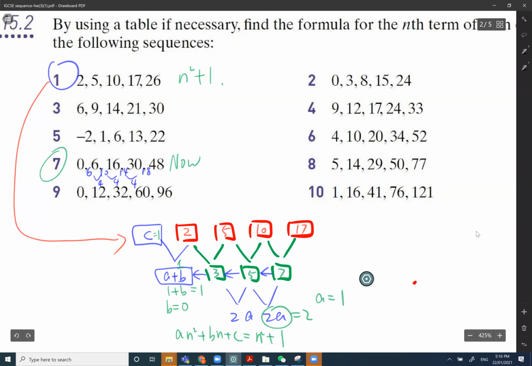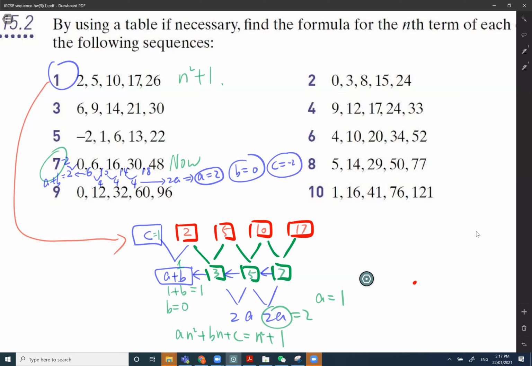So a is just 2. This is 2a. A is just 2. And the previous one, just 2. This is a plus b. A already 2, so b equals 0. The previous one, minus 2. C equals minus 2. Very good, Sophia. So 2n squared minus 2.